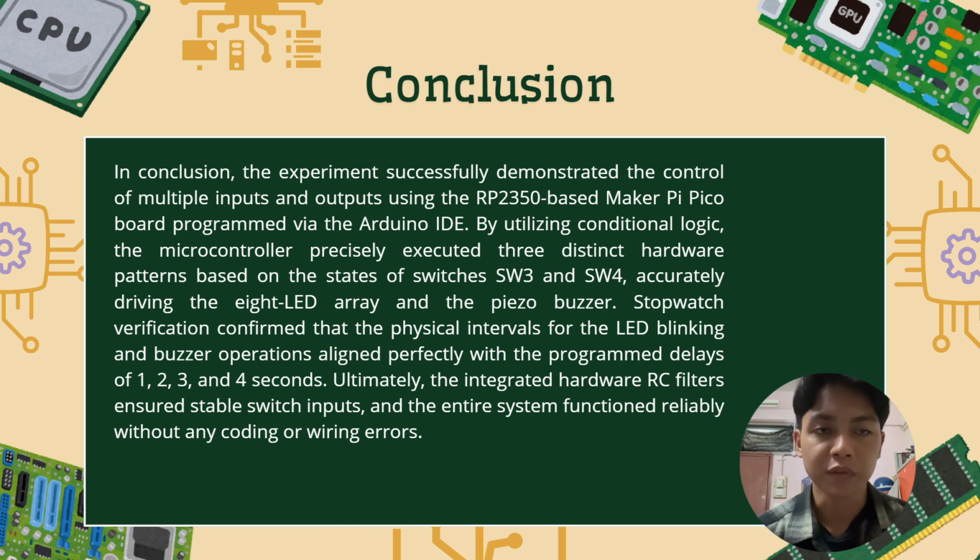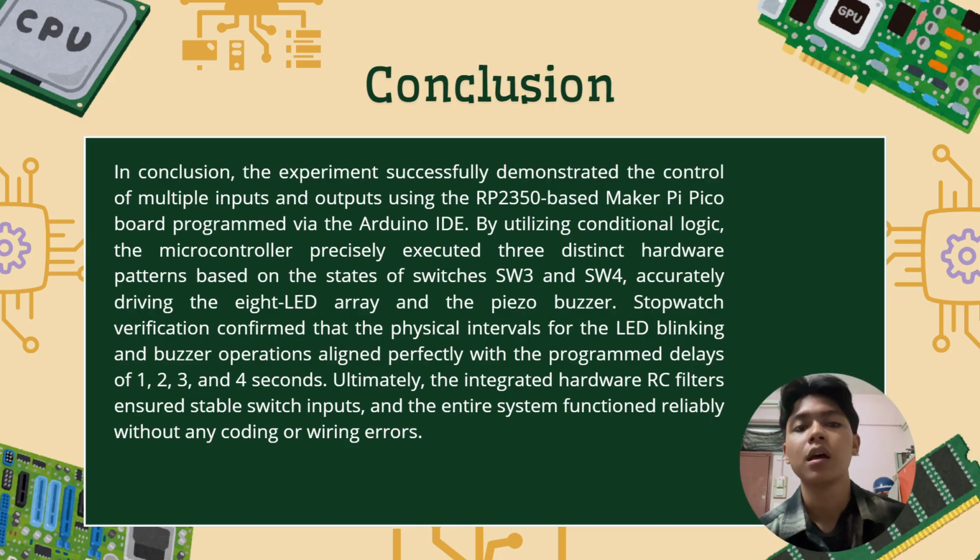Stopwatch verification confirmed that the physical intervals for the LED blinking and buzzer operations align perfectly with the program delays of 1, 2, 3, and 4 seconds. Ultimately, the integrated hardware RC filters ensured stable switch inputs and the entire system functioned reliably without any coding or wiring errors. Thank you.